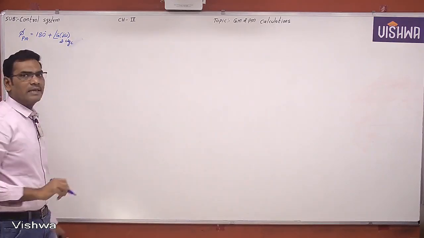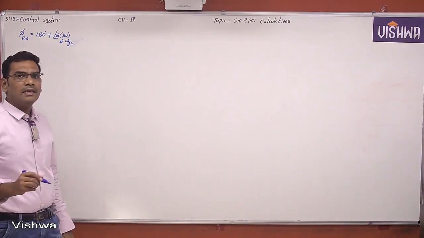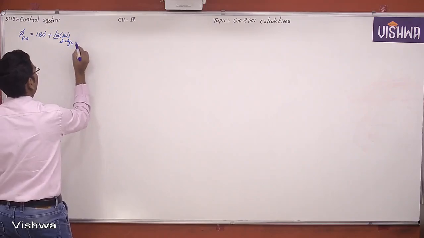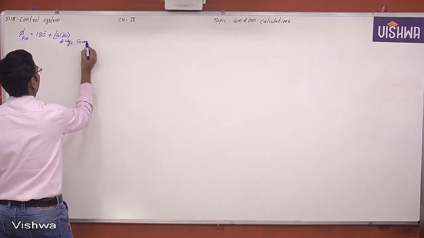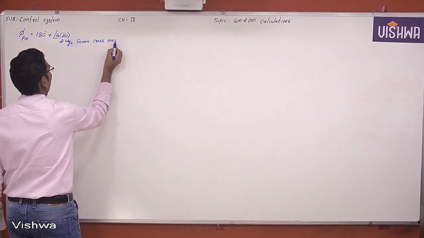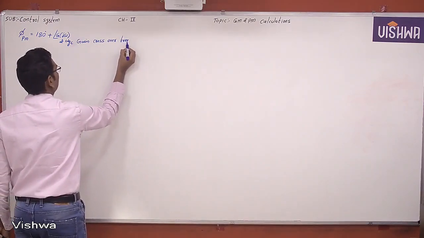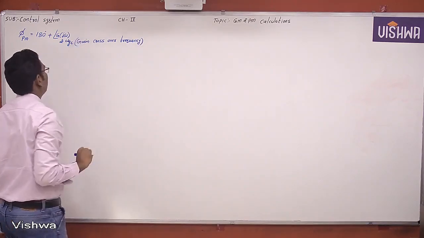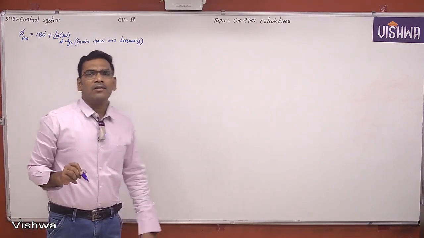Now, what is omega gc? The omega gc is the gain crossover frequency. Now, what is the gain crossover frequency?